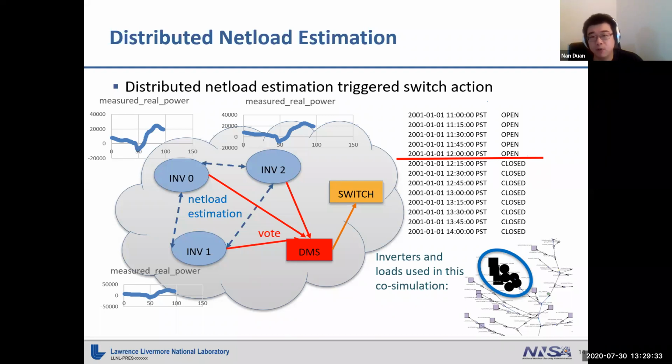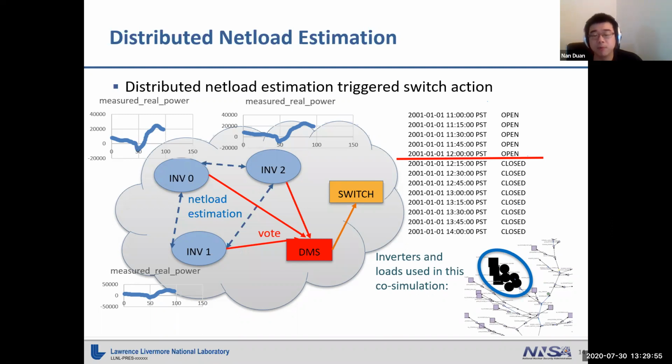Here, just for the simplicity of this case, we only trigger it once at 12 p.m. That's when you see the load profile actually shows that all their net loads are smaller than 0. That's when they reach consensus and send vote to DMS.